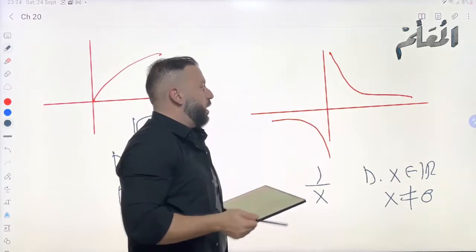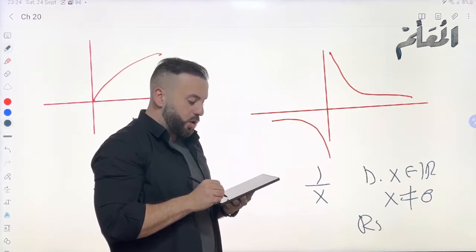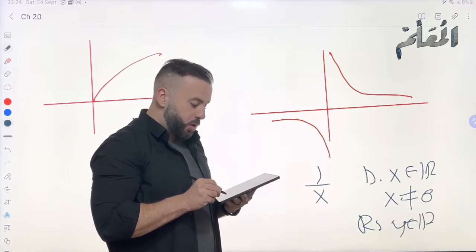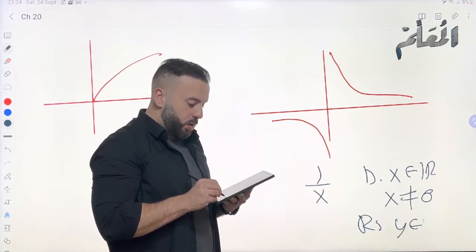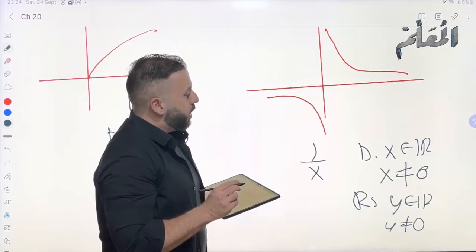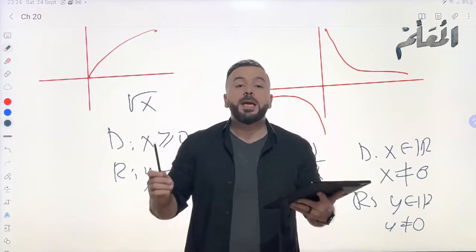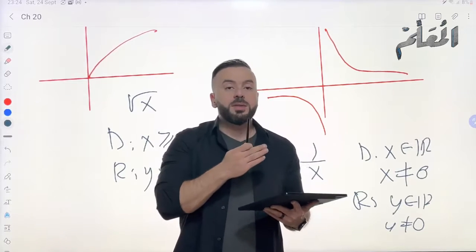And we have also here the horizontal asymptote, which is y equals 0. So the range: y belongs to all real numbers, at the same time, y does not equal 0. So I should be careful in the y part, because that also doesn't equal 0. So in this case, my range and domain are also limited.